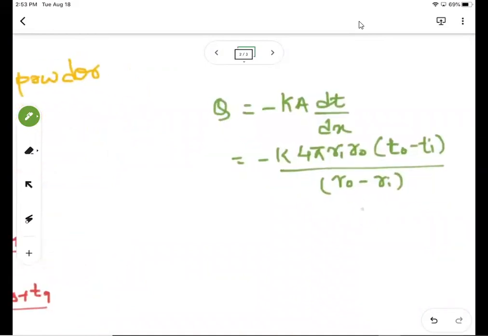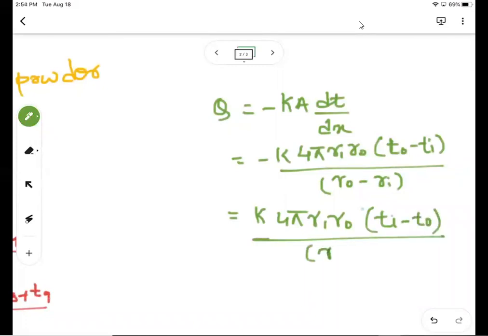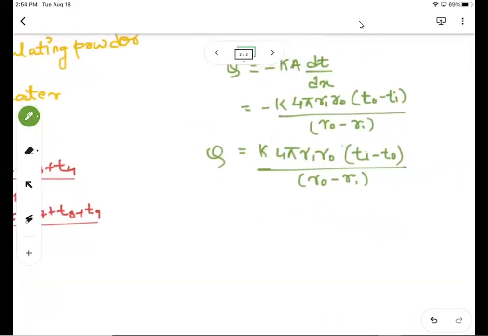So if I want to eliminate this negative sign, I can write this equation as Q equals K into 4 pi Ri Ro, Ti minus To, upon Ro minus Ri. And suppose the aim of the experiment is to find out the thermal conductivity of the insulating powder.